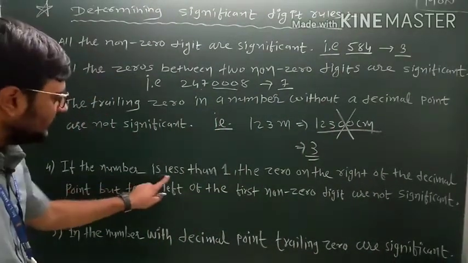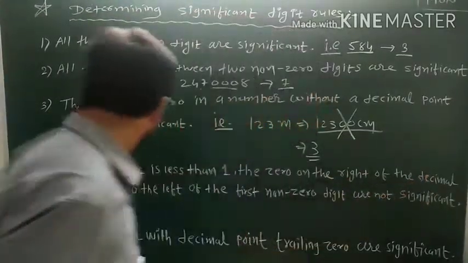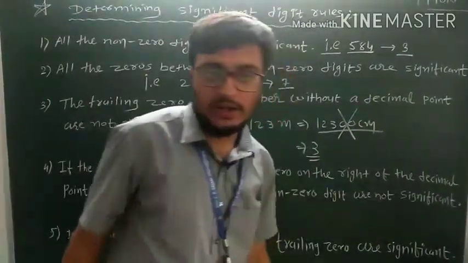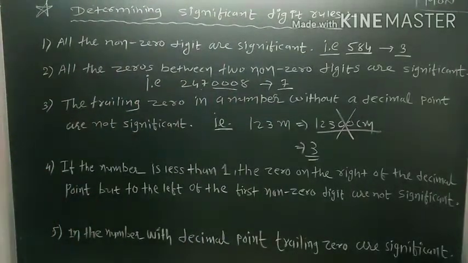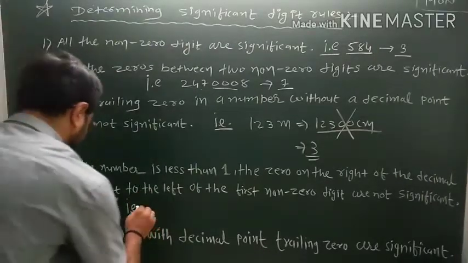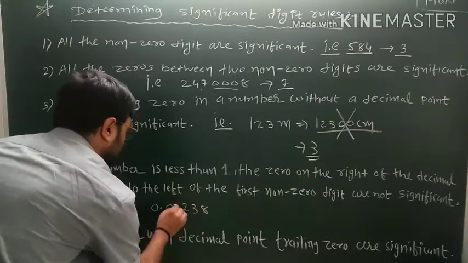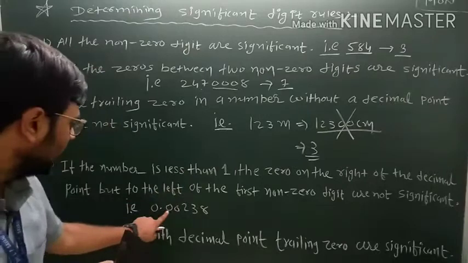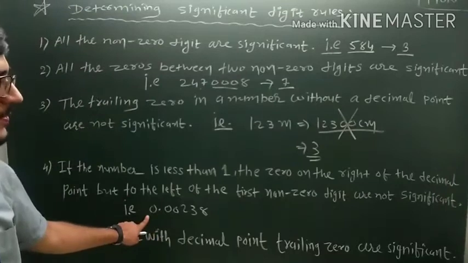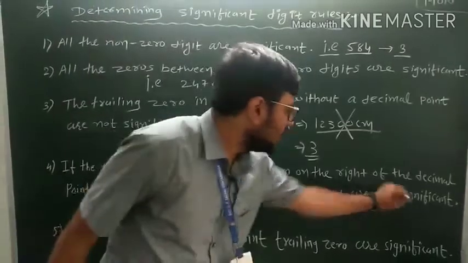So we can take one example that is given here, 0.00238. Here, the number is less than 1, and the zeros on the right of the decimal point but to the left of the first non-zero digit are not significant.